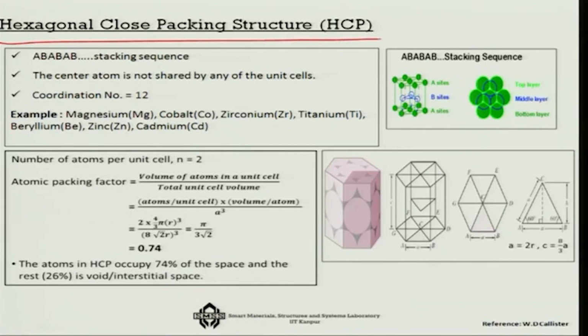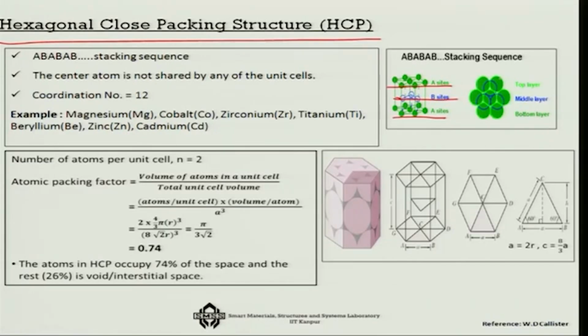Now, the last packing structure which is also important for us is known as the hexagonal close packing structure or HCP. HCP has an AB kind of stacking sequence, but this stacking sequence is such that now you do not have one type of plane. You have A type and you have B type, again A type and then B type. That is how you are stacking each one of them.